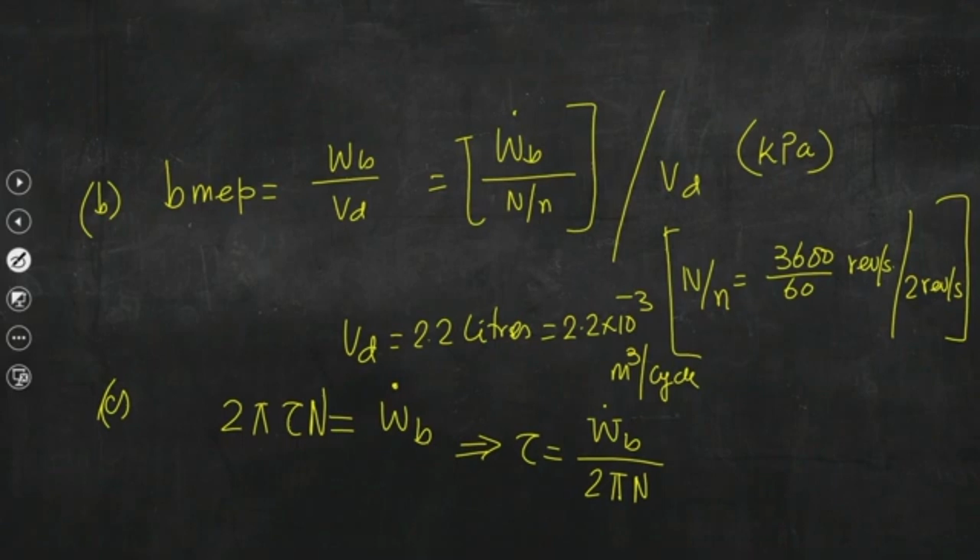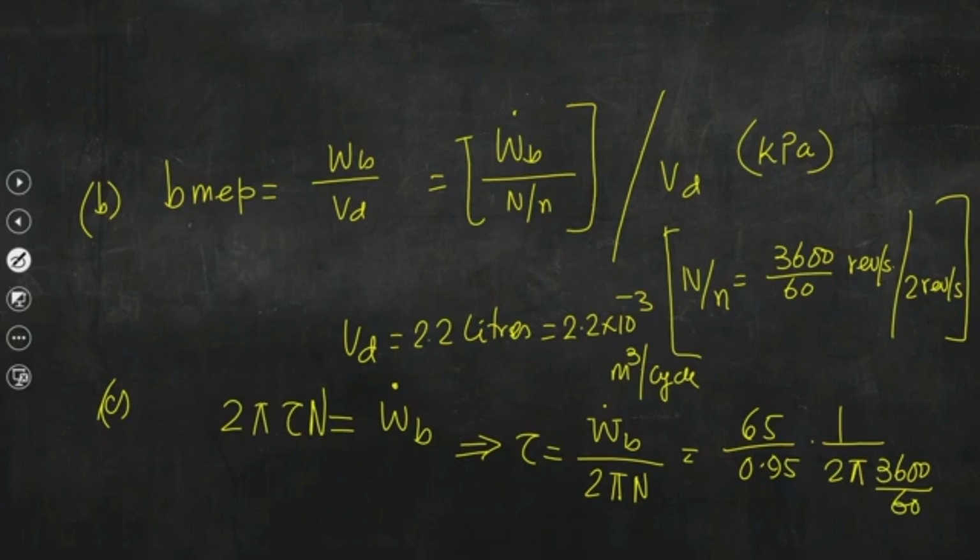So, W_B dot equal to 65 divided by 0.95 into 1 upon twice pi into 3600 by 60, that you can calculate. And what would be the unit? You also need to write the unit properly, otherwise you will not get credit.